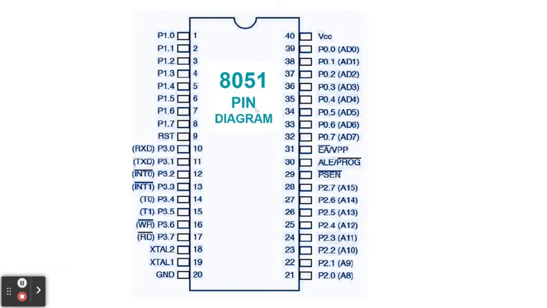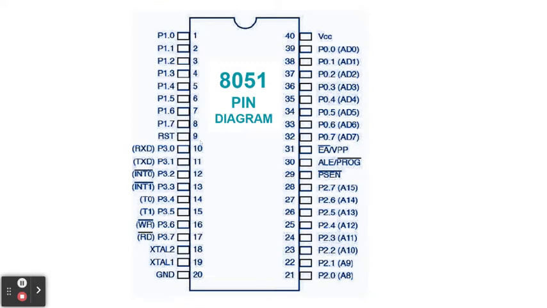Now, looking at the 8051 pin diagram, you will see that the 8051 has 40 pins. Pin number 1 to pin number 8 refers to port 1, from P1.0, which means port 1 bit 0, or you can also say port 1 pin 0, up to port 1 bit 7, or port 1 pin 7.